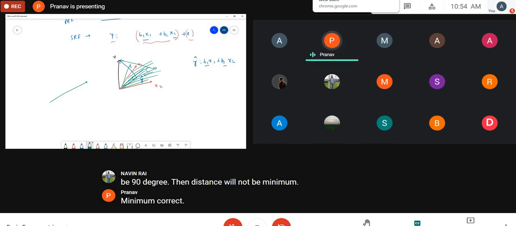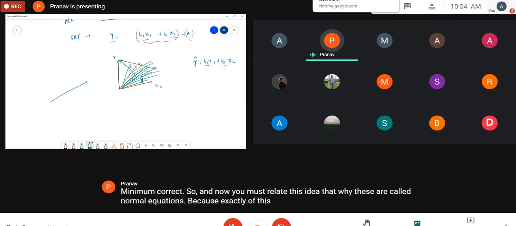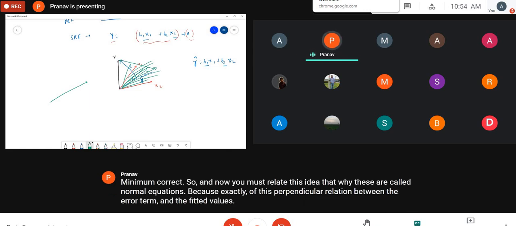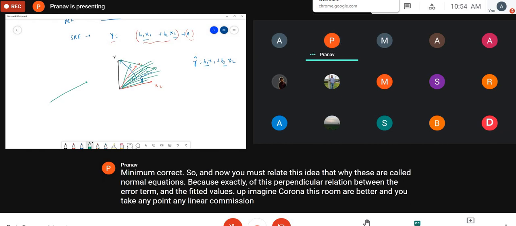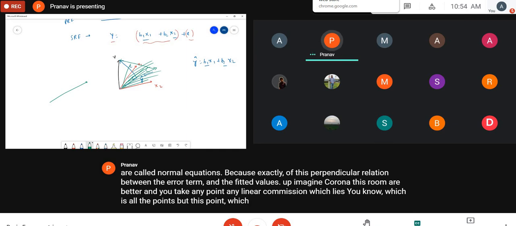And now you must relate this idea to why these are called normal equations, because of exactly this perpendicular relation between the error term and the fitted values. Imagine you have to reach the point exactly below the fan in the room you are sitting in, and you take any point, any linear combination, which lies at all the points but this point which lies exactly below.